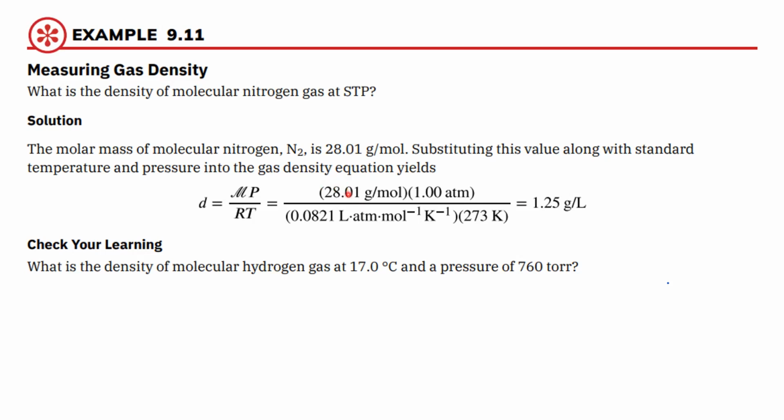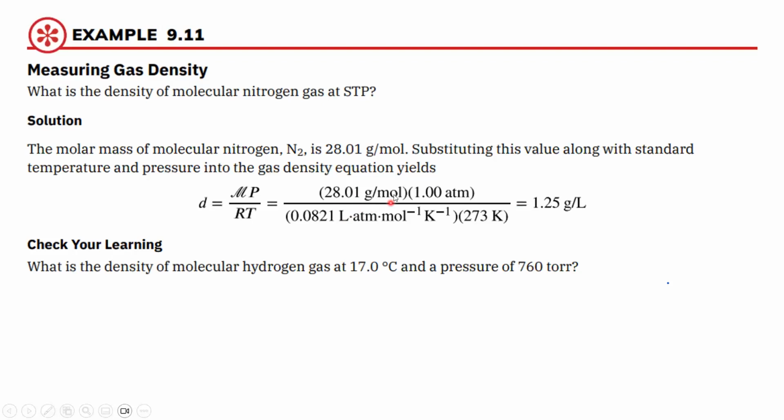Depending on what periodic table you have, you may have more or less of the digits. And then again, STP, so 1 atmosphere, 273 Kelvin. And with this one, just pay attention to the units, because with the molar mass, we had 28.01 grams per mole. And then with the gas constant, we've got the volume unit of that in liters.